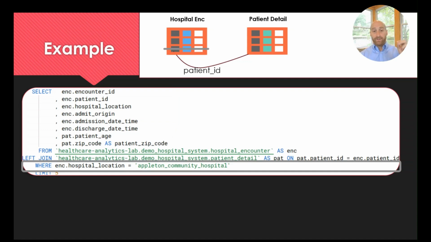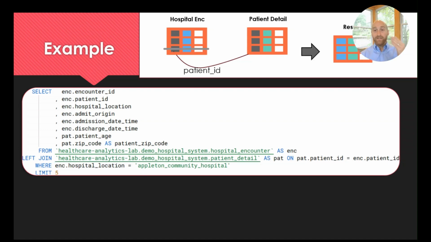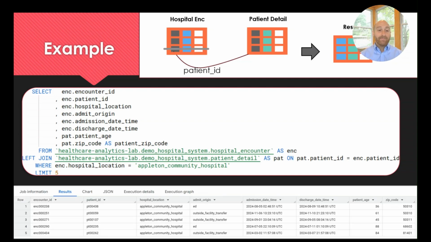Let's go ahead and filter only to where that hospital is equal to Appleton Community Hospital, so that our results will give us some columns from hospital encounter and some columns from patient detail, already pre-filtered only to that one hospital. I didn't mention this very last statement that says limit 5.